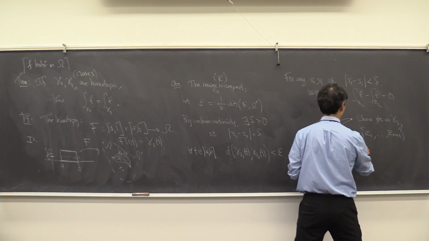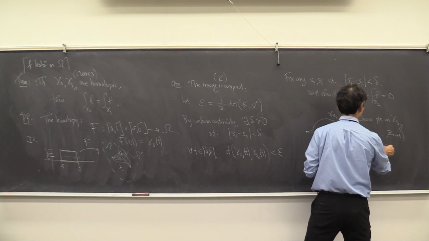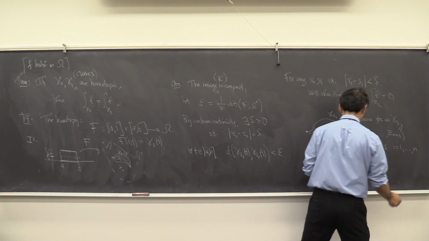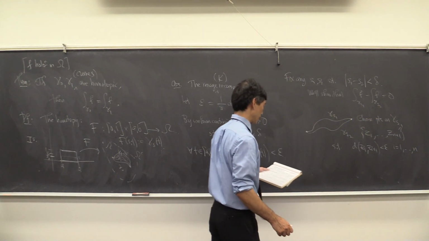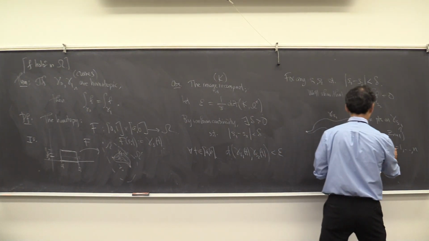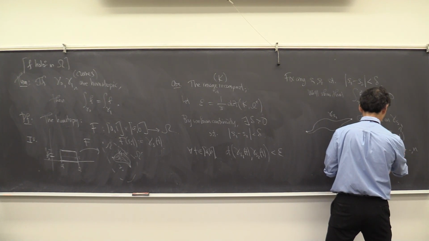So the distance between z i and z i plus 1 is smaller than epsilon for i equals 1 to n. Actually, I think we start from 0. Sorry. From 0 to n plus 1.